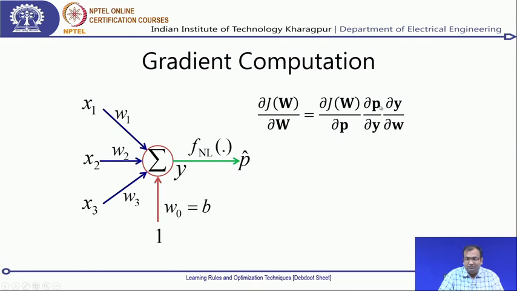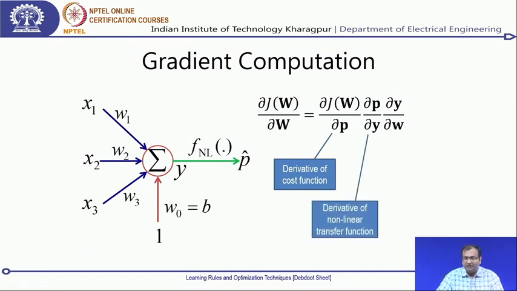So, that is the next part, and then finally, this y is dependent on all of these w's. So, you have a del w of y, such that the first part is called the derivative of the cost function, the second part is called the derivative of the nonlinear transfer function, and the third one is the derivative of the linear network, and you need all three derivatives to exist in order for the gradient to be computed.